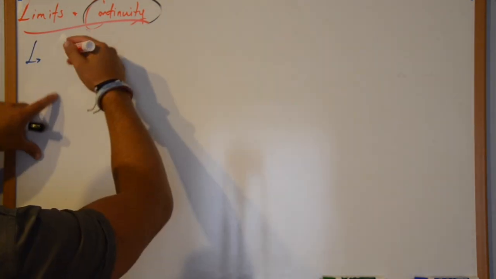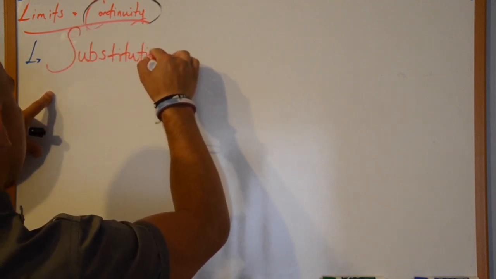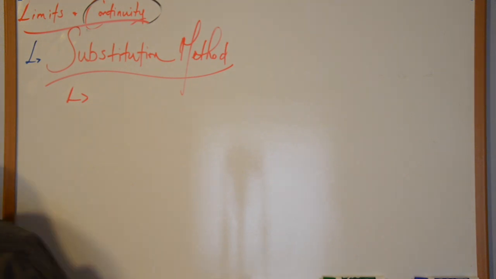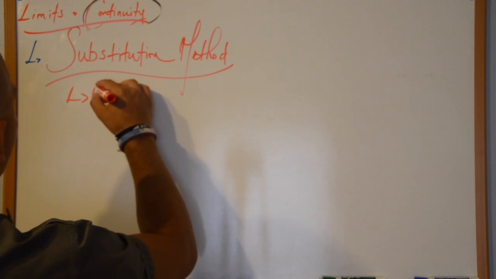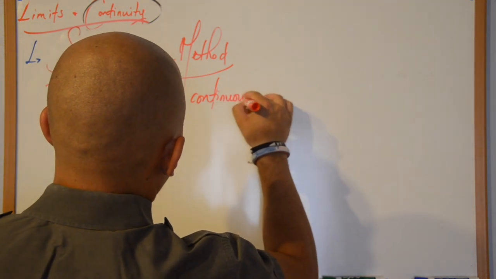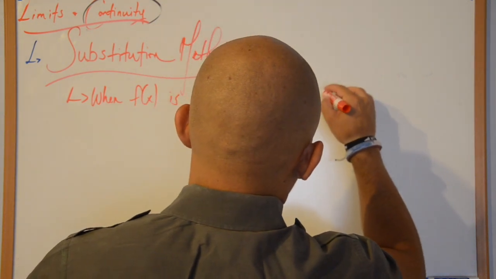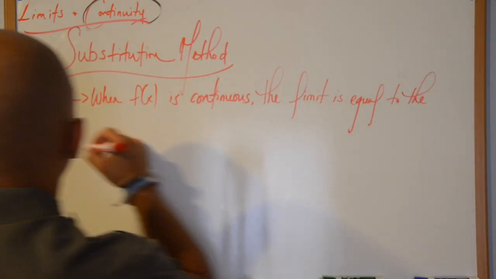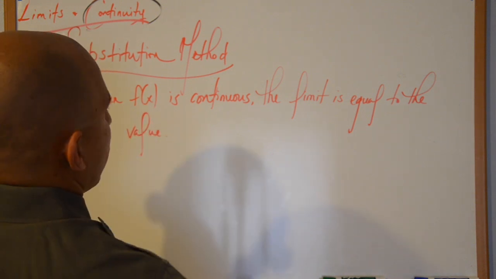Which brings us to what we've been doing this entire time, and probably what many of you have been doing forever. But now you know what you know, which is the substitution method, which says that when f of x is continuous, the limit is equal to the function value.